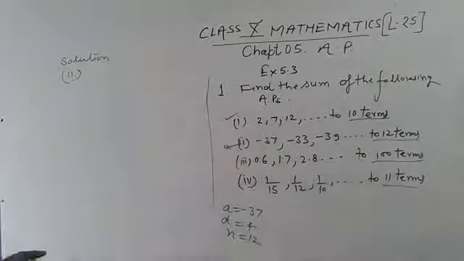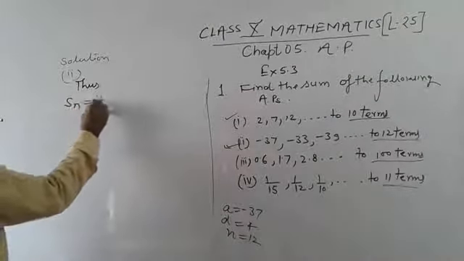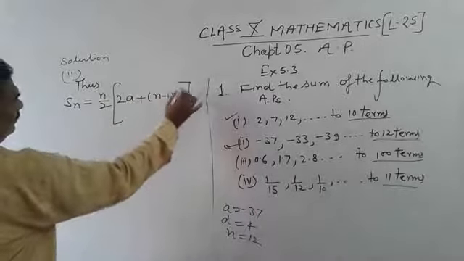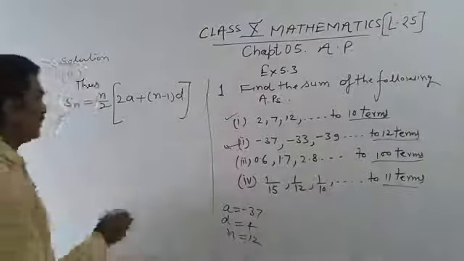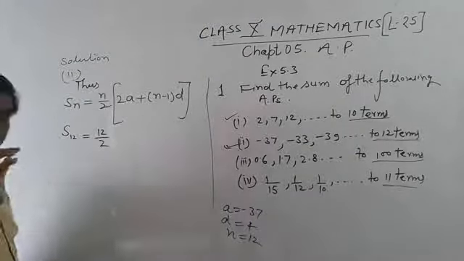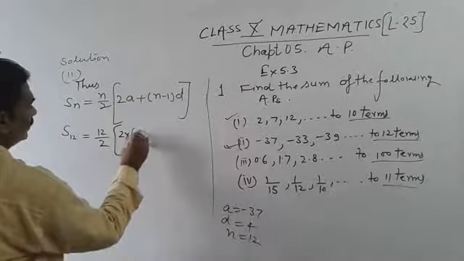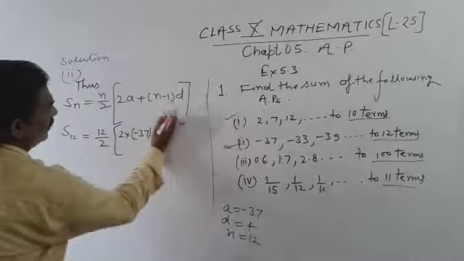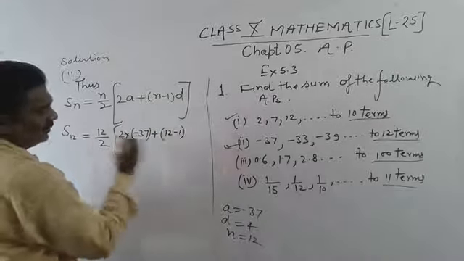Thus Sn is equal to n upon 2 bracket close 2a plus n minus 1 into d. We have this formula and we want to find the sum of 12 terms. So we write S12 is equal to 12 upon 2, 2 into a, that is minus 37, plus n minus 1, that is 12 minus 1, into d, which is 4.